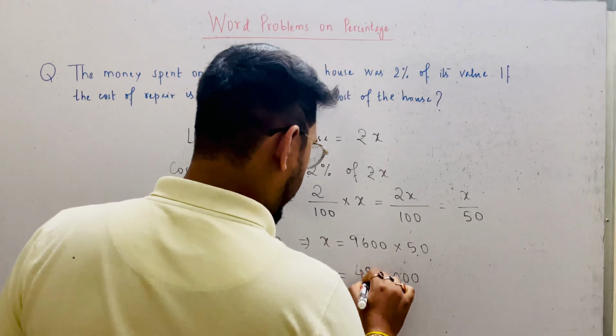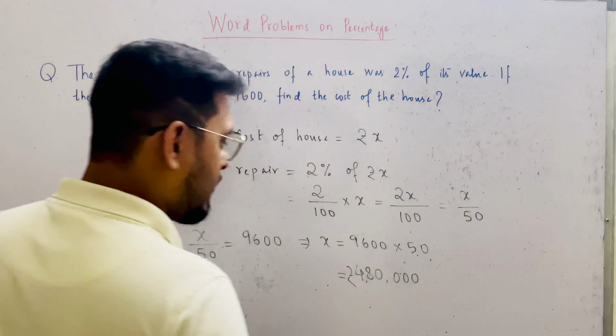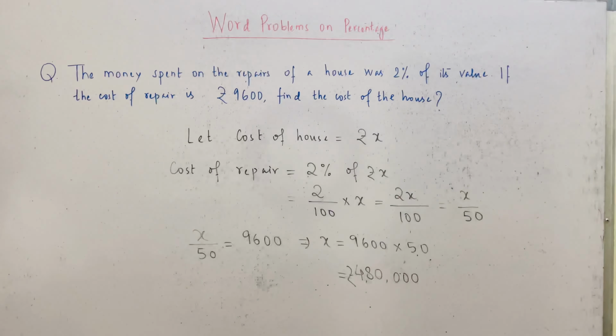So rupees 4,80,000. This is the cost of the house. So this is the problem where we have to find the cost of the house from the cost of the repair, and this is the solution.